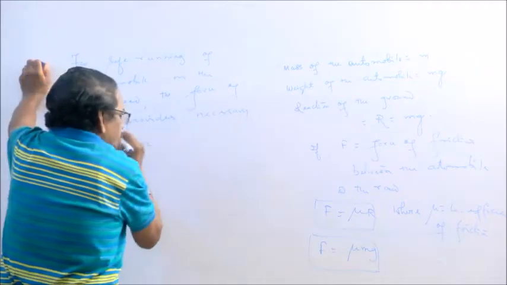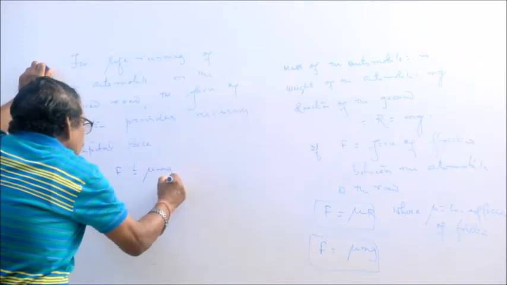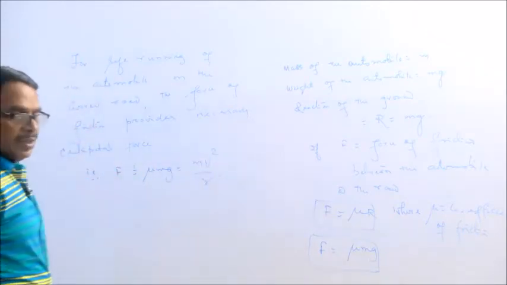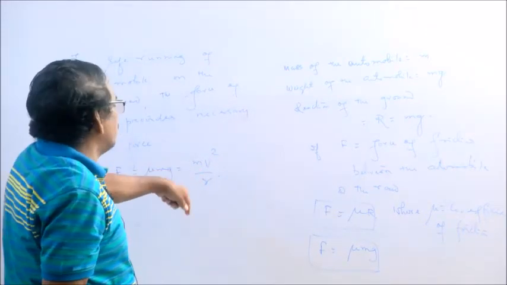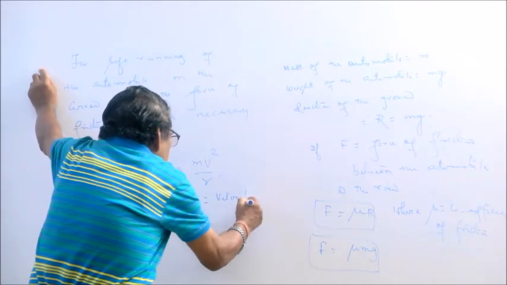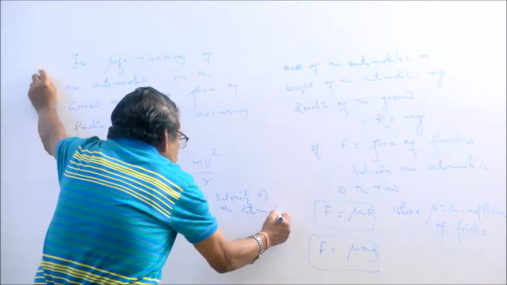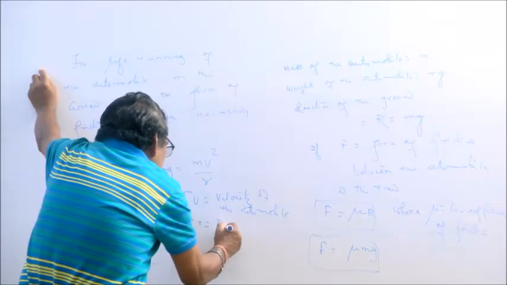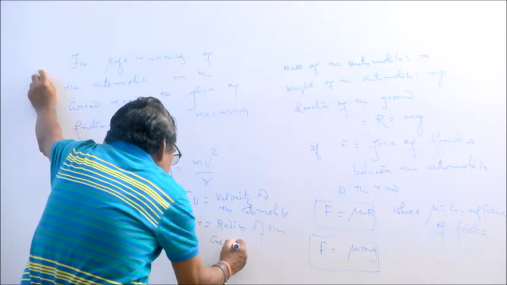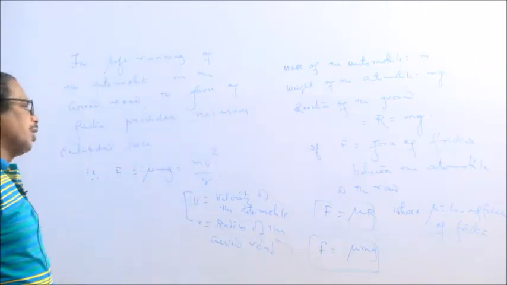That is, F equal to mu mg is equal to mv square by r, where v is the velocity of the automobile and r is the radius of the car road. So, mu mg is equal to mv square by r.